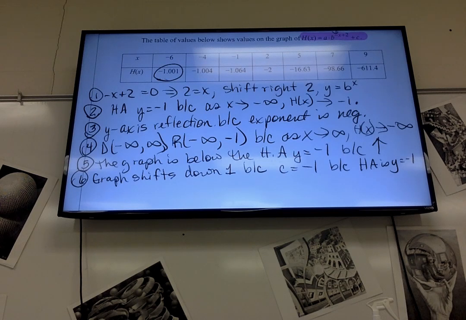Okay. Would you say this is growth or decay? Yeah. This is a decay graph because basically as x approaches infinity, h of x approaches negative infinity. It's going down. If you said it's going down, that would be fine. Let me see which ones we haven't got.